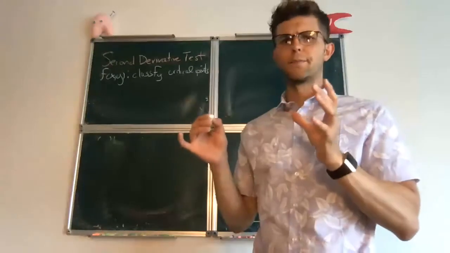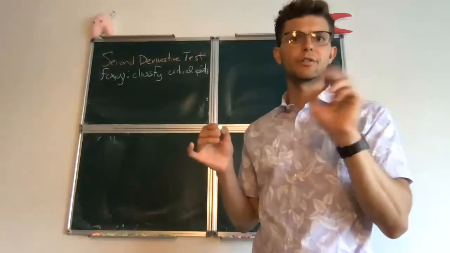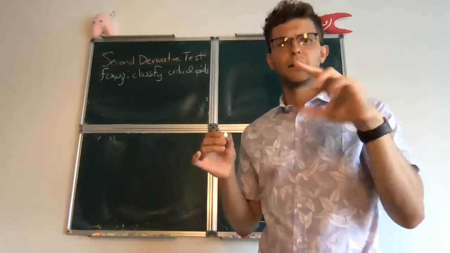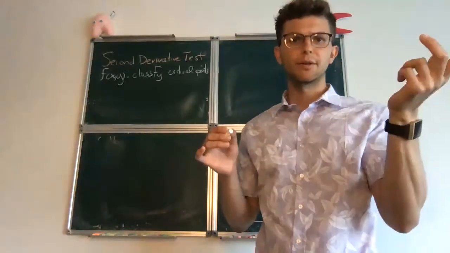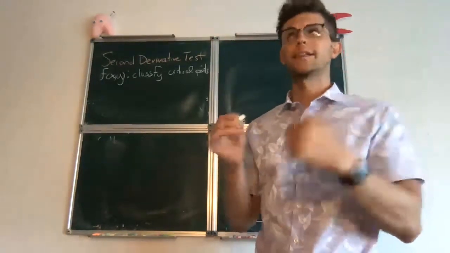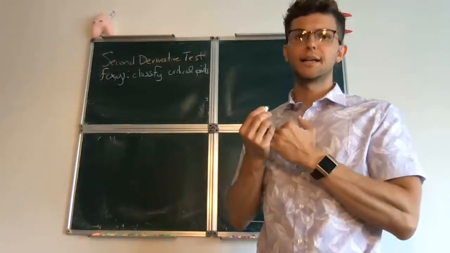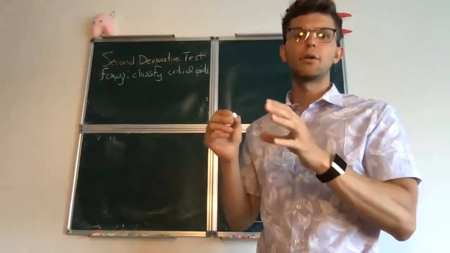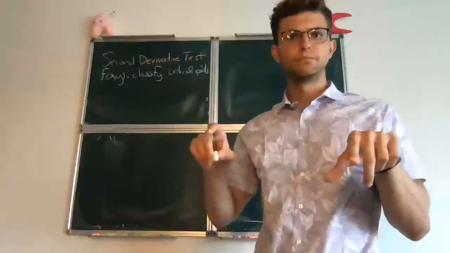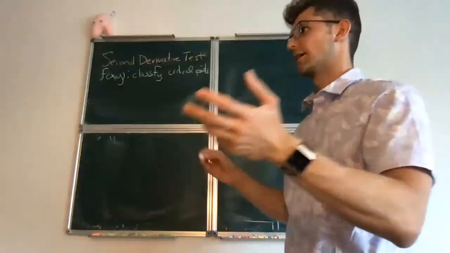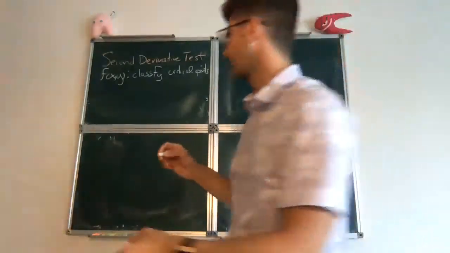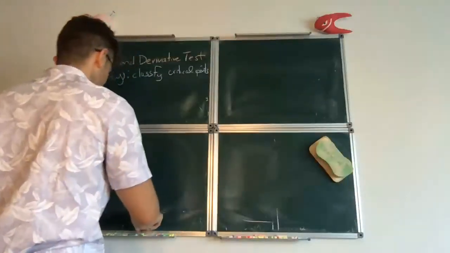And that somehow is being counted twice because it doesn't matter if you do it with respect to x and then y, or y and then x. And so what you do is first you assemble all the information into a single array, which is a 2x2 matrix called the Hessian of the function.